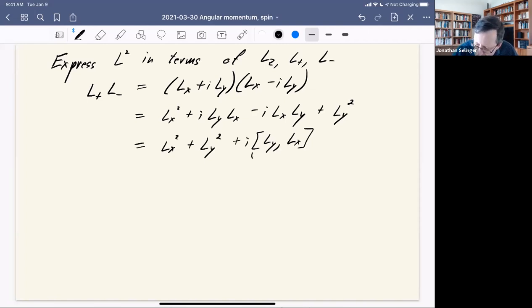And this commutator is minus I LZ times H bar. So overall, all of this is LX squared plus LY squared plus H bar LZ.